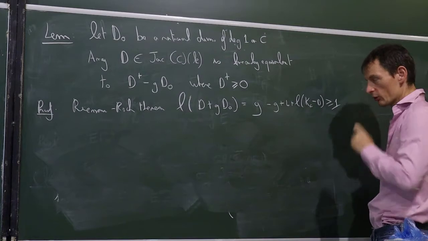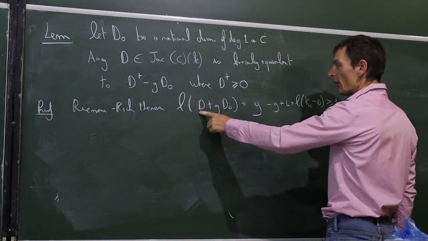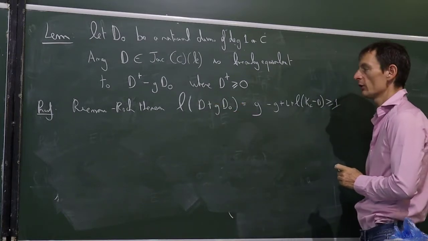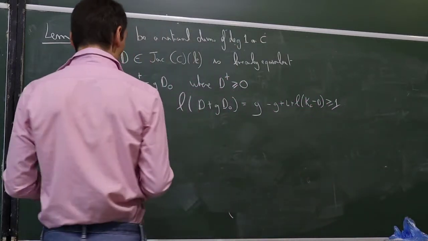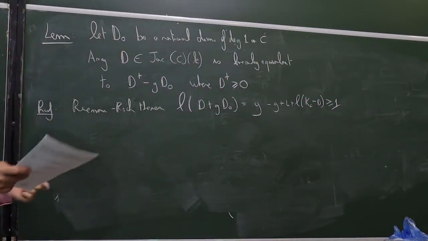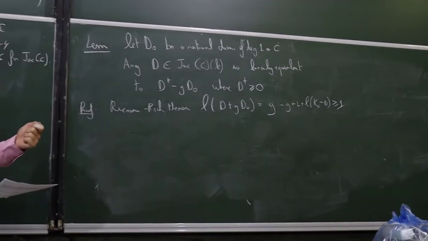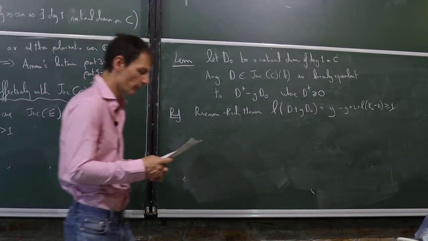This is greater or equal to 1. And the fact that it is greater or equal to 1 tells you that there is an effective divisor which is linearly equivalent to D plus g D0. So this is great, because now an effective divisor is just a sum of points. Maybe the points are not defined over the field K itself, but at least it's a Galois stable sum of points.